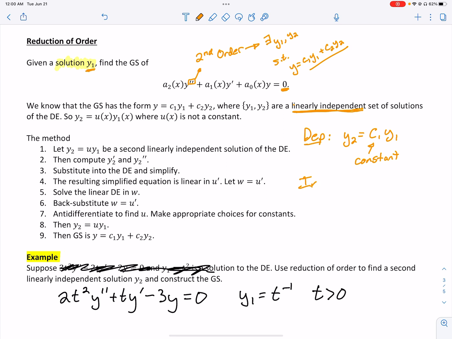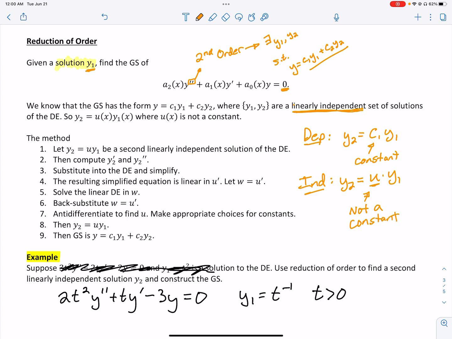But this says independent. So if it's independent, there is another solution, and I'm going to put a u there to create this new function based on y sub 1. This u is not a constant, right? It is a function of x, or whatever our independent variable may be, x or t.